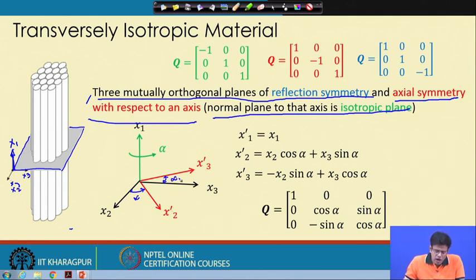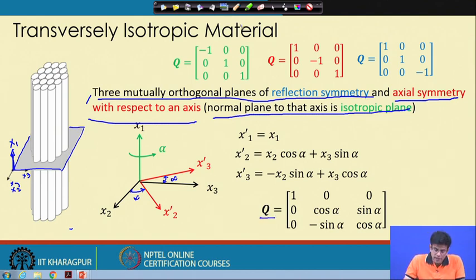If I rotate this material about x1 by alpha, x1 will not change. So, x1 prime will be x1, x2 prime will be x2 cos alpha plus x3 sin alpha, and x3 prime will be minus x2 sin alpha plus x3 cos alpha, which comes from this rotation matrix Q. This we know from our basic knowledge.